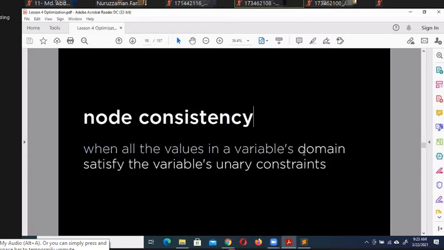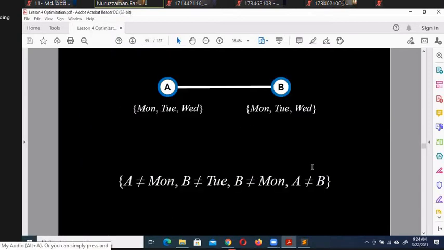Please pay your attention here. When all values in a variable's domain satisfy the variable's unary constraints, that means when the unary constraints of a variable are satisfied, then that node is consistent. So we know what unary constraints are.